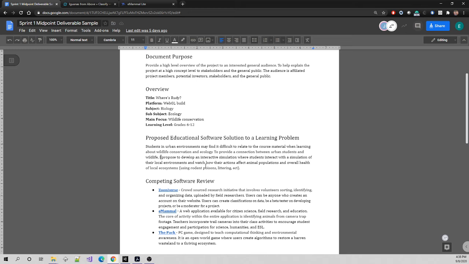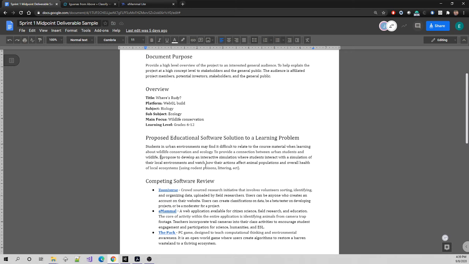They're going to interact with a simulation of an environment and see how their actions impact animal populations and the overall health of ecological systems. So human impacts like using rodenticides or rodent poisons, or littering, or developing a habitat. How does that impact the animals?